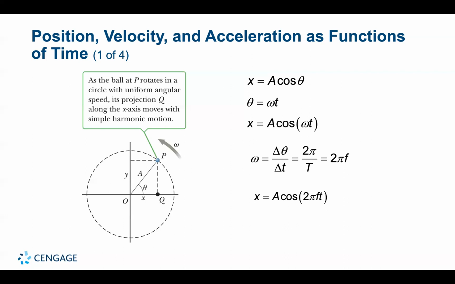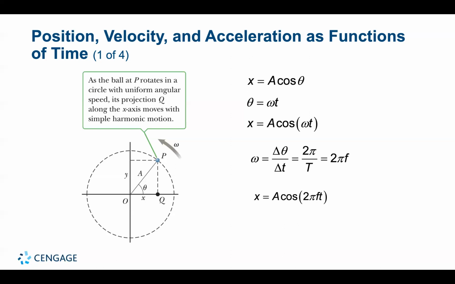From the right triangle OPQ, we see that cosine theta equals x over A. So that means that the x coordinate of the ball is given here. Because the ball rotates with constant angular speed, we know the relationship between theta and omega. So we can write our expression for x as shown. In one complete revolution, the ball rotates through an angle of 2 pi radians in a time equal to the period T. In other words, the motion repeats itself every T seconds.